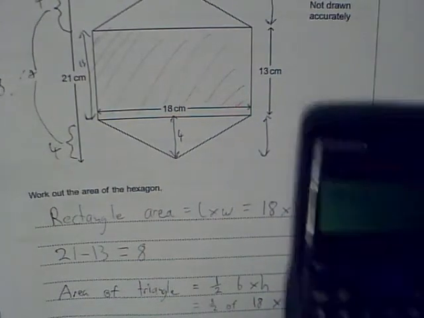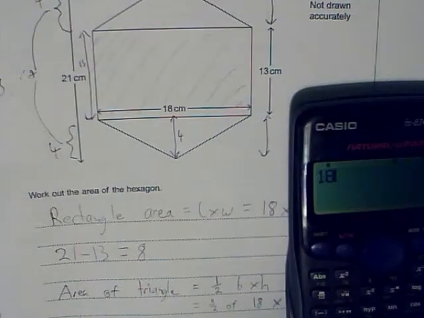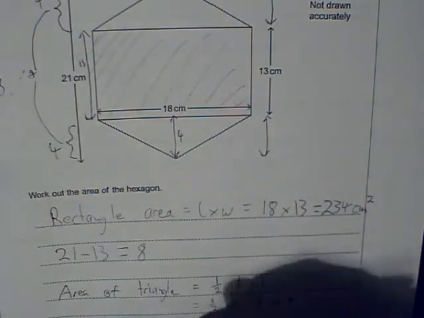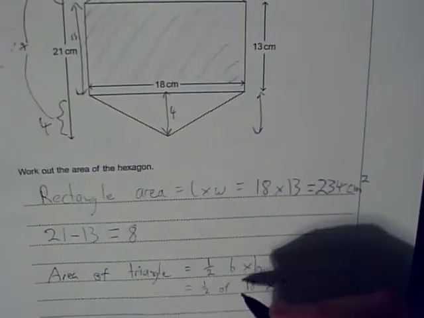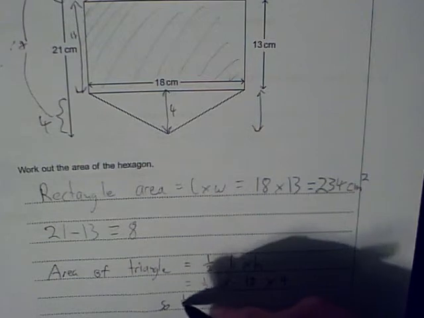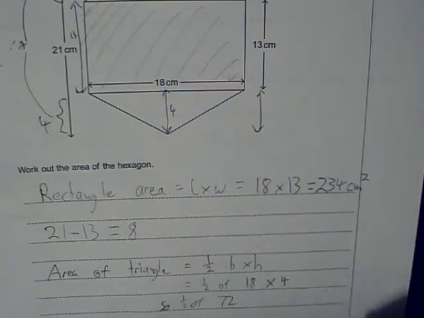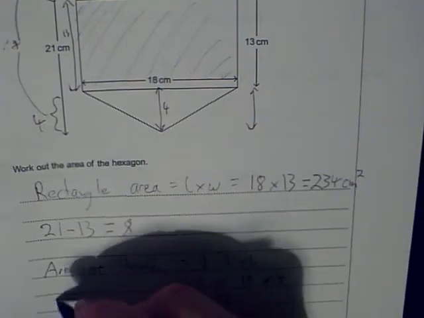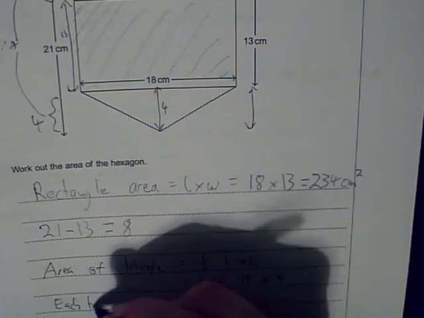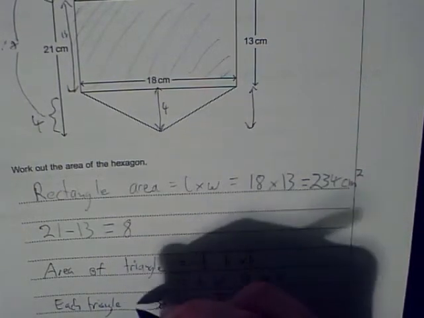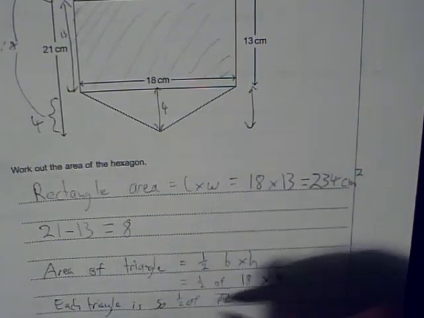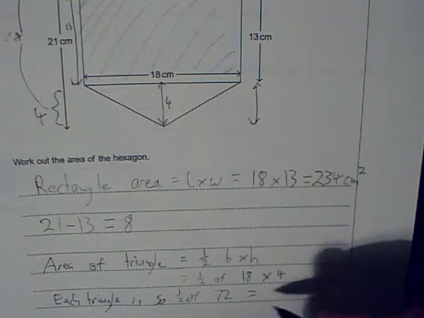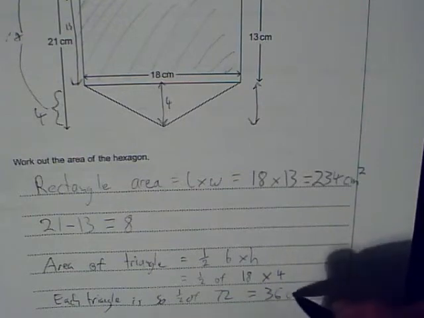So I'm going to do that on my calculator. 18 times 4 equals 72. So a half of 72 for each triangle. Each triangle is half of 72, which is 36 centimeters squared.